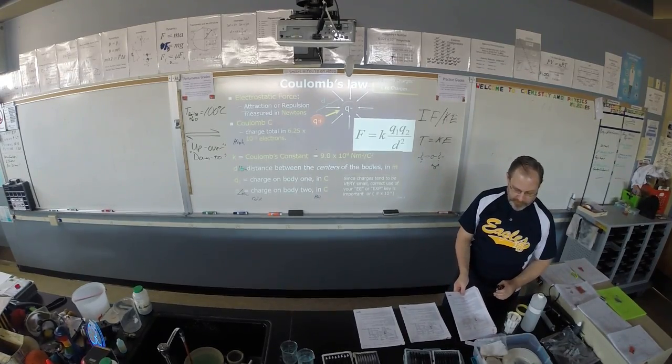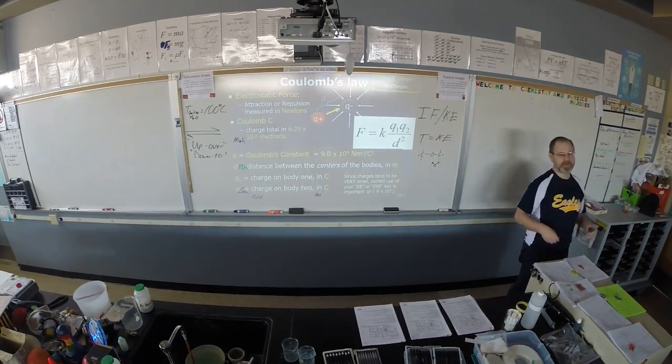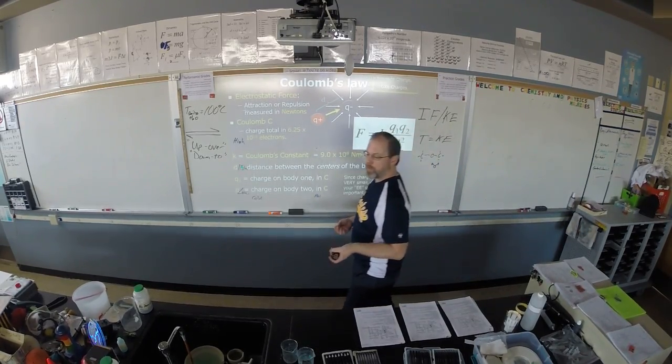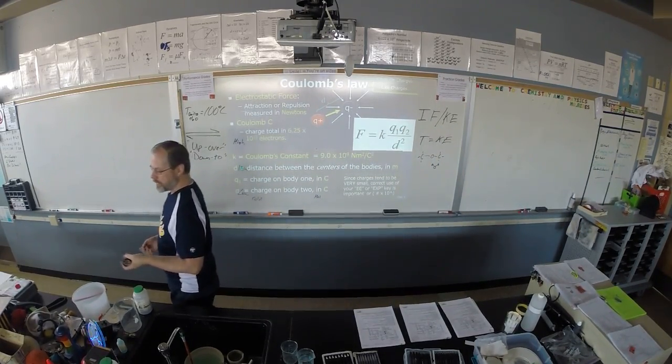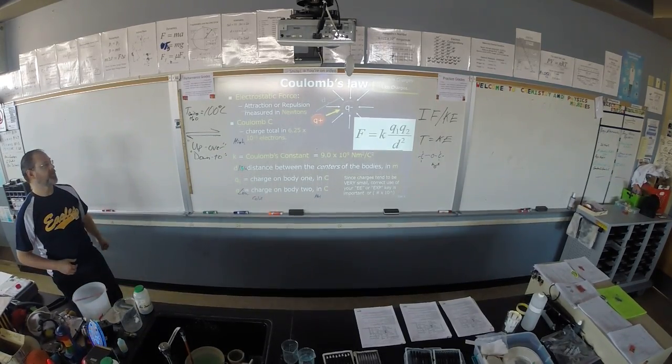So we were talking about electrostatics, and once again, electrostatics means static charges not moving, or when point charges create fields, we're talking about the fields that the point charges create. That's electrostatics.